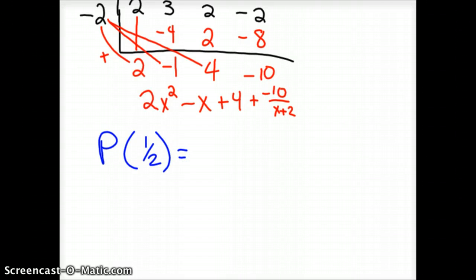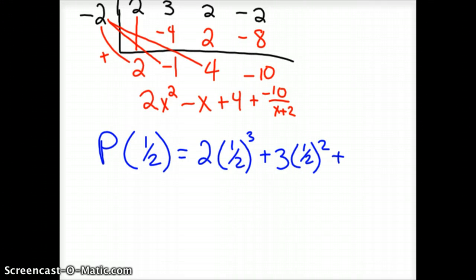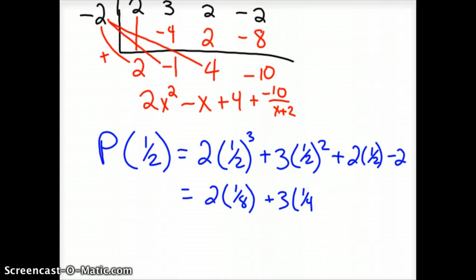That would be 2 times 1/2 cubed plus 3 times 1/2 squared plus 2 times 1/2 minus 2, and that would be 2 times 1/8 plus 3 times 1/4 plus 1 minus 2.